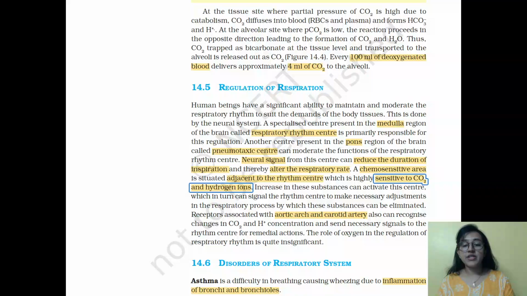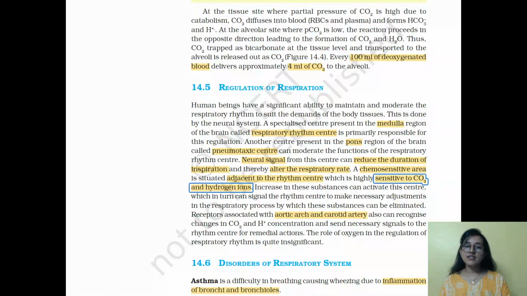Another center present in the pons region of the brain, called the pneumotaxic center, can moderate the functions of the respiratory rhythm center. So, in the medulla region there is the respiratory rhythm center which maintains the normal respiratory rhythm. Again, in the pons region there is the pneumotaxic center which moderates the functions of the respiratory rhythm center.